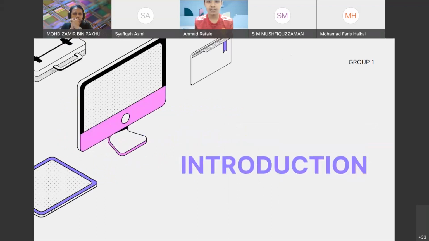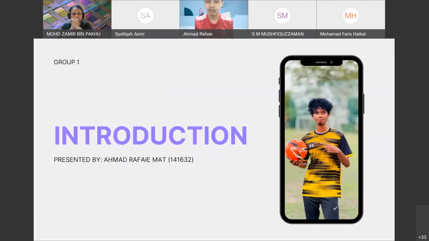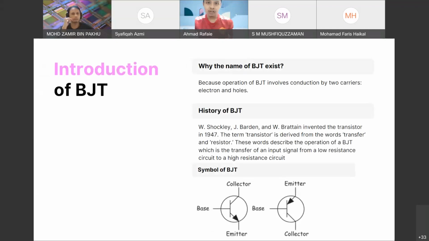I'm going to cover the first part of the BJT, which is the introduction. Why is the name BJT this? Because the operation of BJT involves the conduction by 2 carriers, electrons and holes.